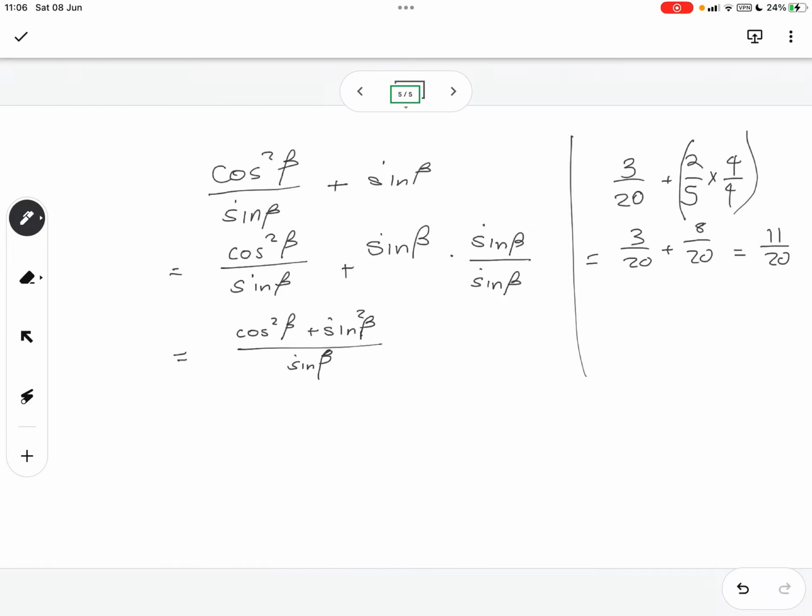Now we have that lowest common denominator. So now we have cos squared beta plus sine squared beta over sine beta. And since we have a lowest common denominator of sine beta, and we also know we've got a square identity, then we can simply say it's 1 over sine beta.